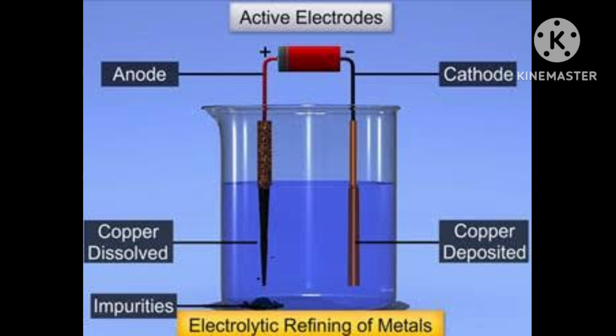Hence magnesium requires 2F and aluminum requires 3F.